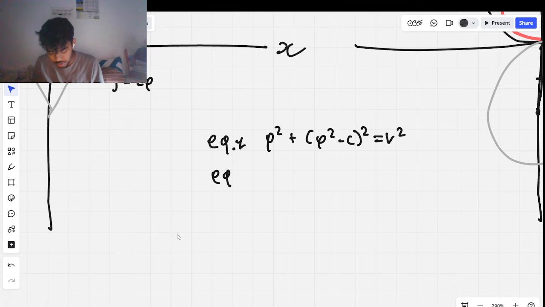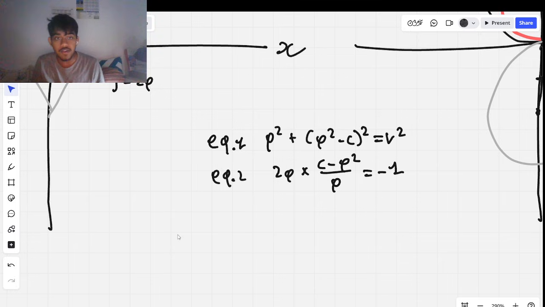And my equation 2 is that 2p times (c minus p squared) over p is equal to minus 1. If I look at equation 2, I can simplify this much more. I know the p's cancel out. c minus p squared is equal to a half.